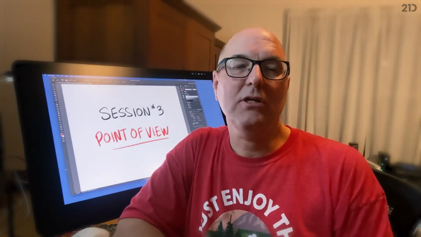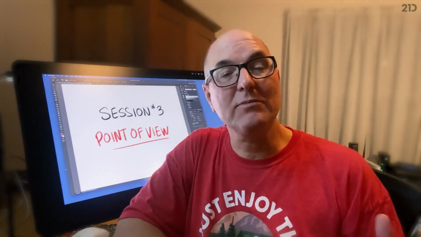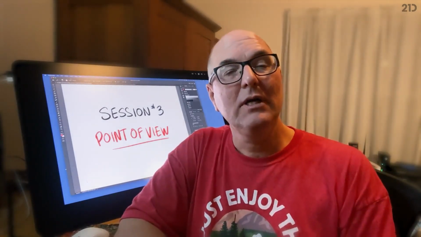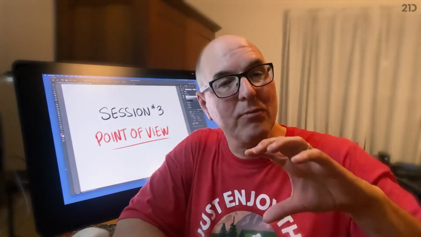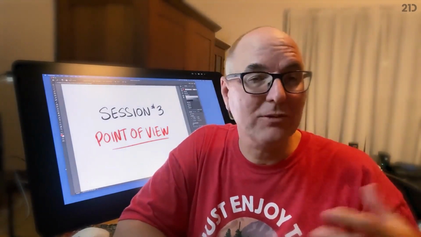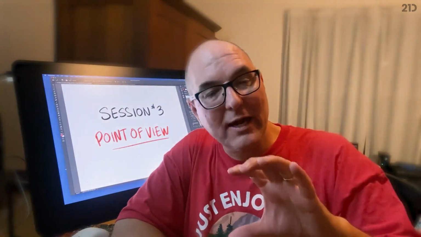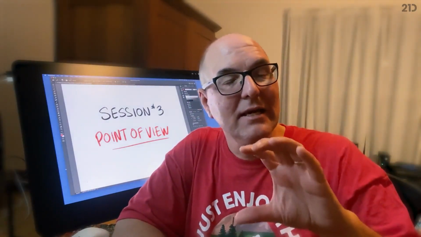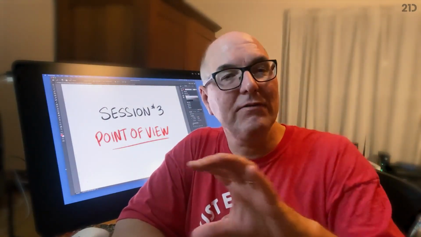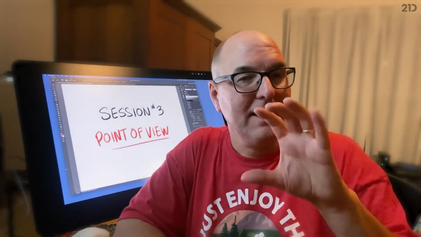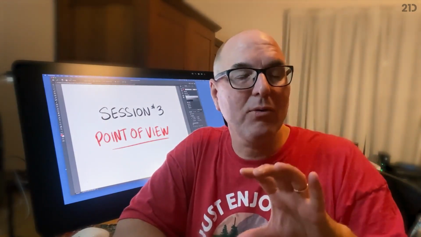Oftentimes in animation, a point of view for a storyboard artist might be the character's point of view. And so we might lower the camera, if say the character's a mouse or something like that, really low so we can see the point of view of the character and feel those emotions of being in the story from a lower camera point.